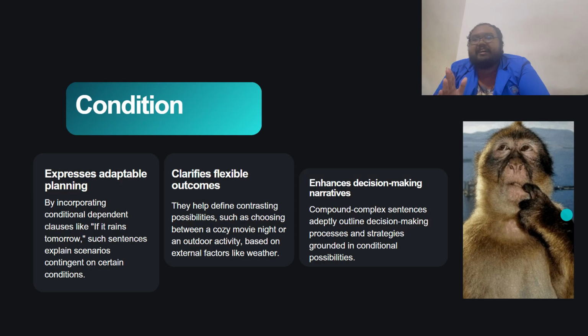They help define contrasting possibilities, such as choosing between a cozy movie night or an outdoor activity based on external factors like weather. Okay, enhance decision-making narrative. Compound complex sentences adeptly outline decision-making processes and strategies grounded in conditional possibilities.